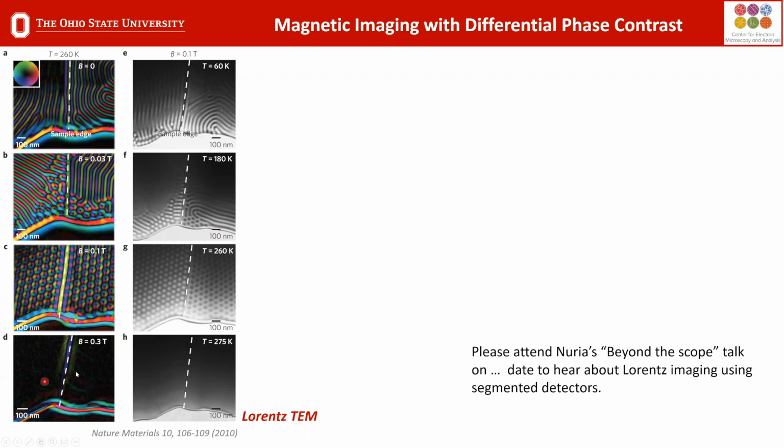Here you can see with no magnetic domains, there's still this weird contrast at the edge that is not a real magnetic effect. So while Lorentz TEM has been used for many, many years to help us image magnetic domains, there are artifacts that are present that really get in the way of us seeing what we'd like to see.